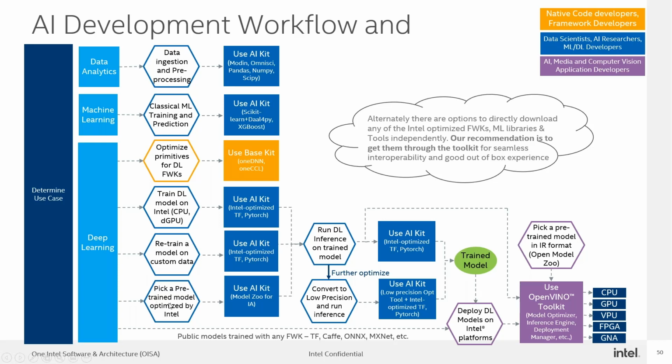If you would like to do inference only, or use a pre-trained model that is optimized by Intel, then you can use the AI kit's AI Model Zoo, and see if the model topology can be converted to OpenVINO format or not. If the model cannot be converted to OpenVINO, then you still need to use a framework, TensorFlow or PyTorch, for the inference.